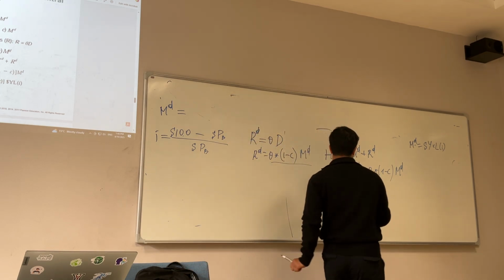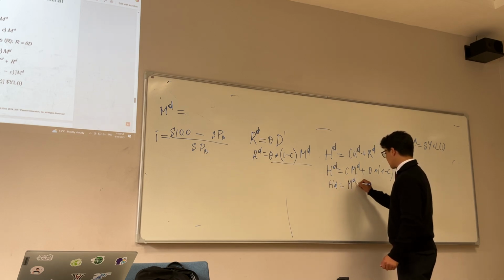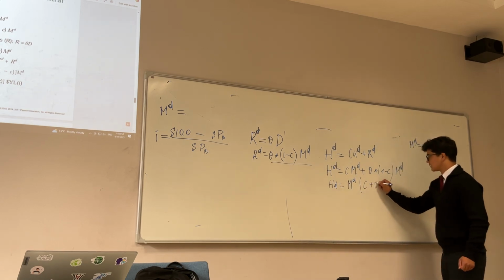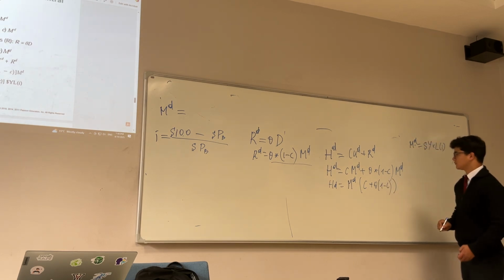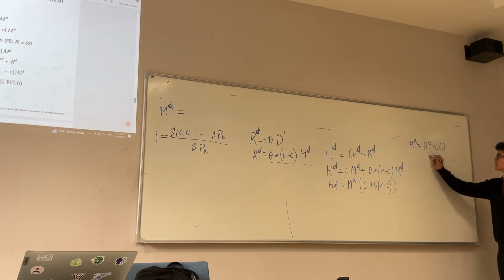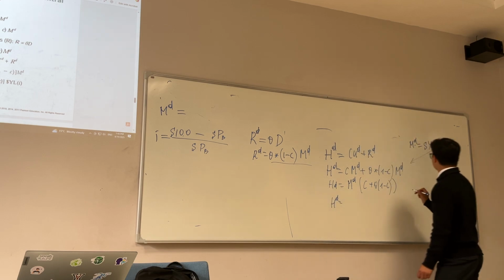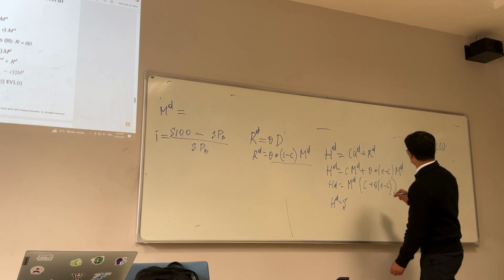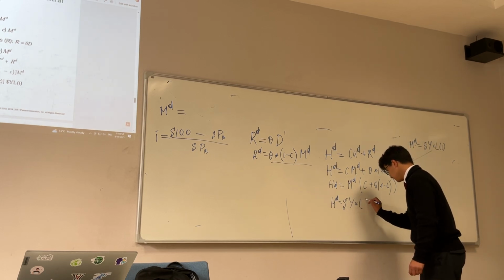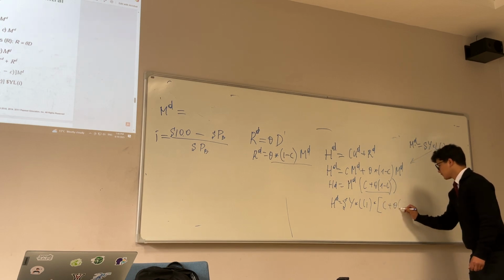MD times C plus theta 1 minus C. Now instead of MD, I will put this. HD equals $, theta 1 minus C.